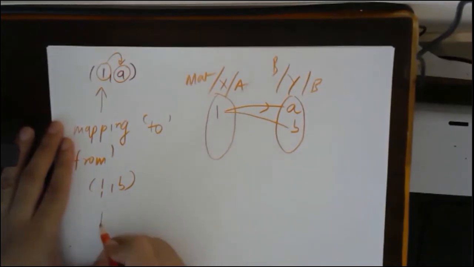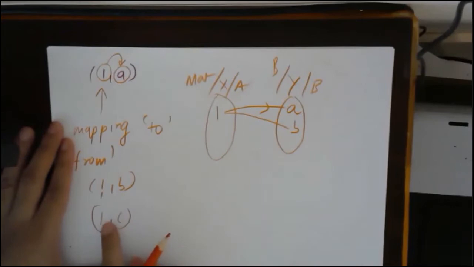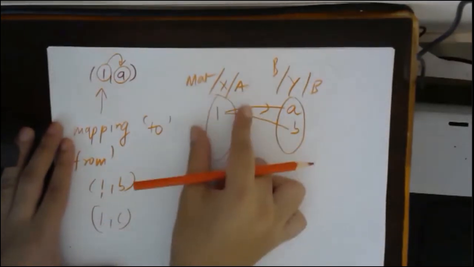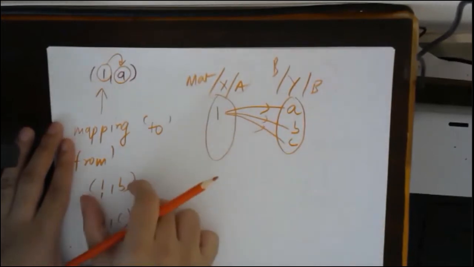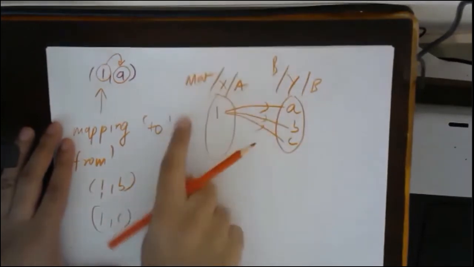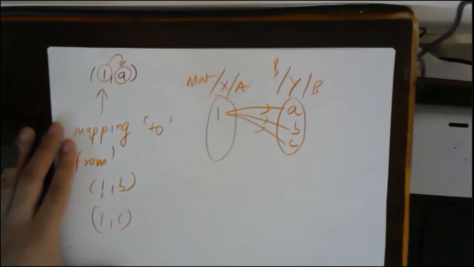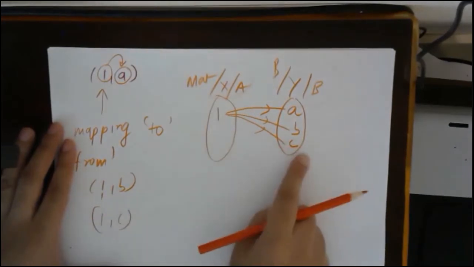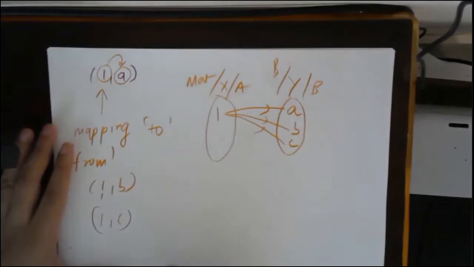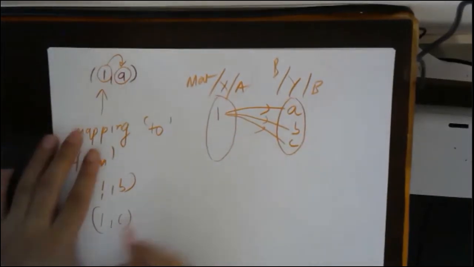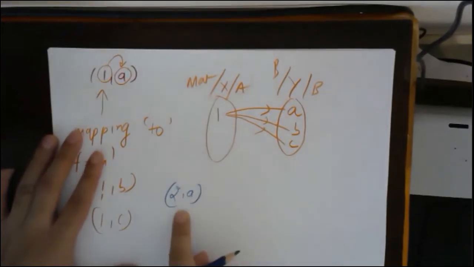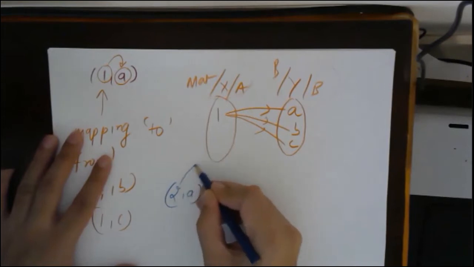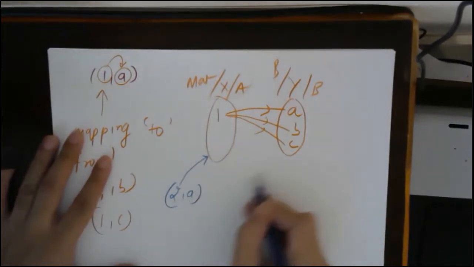Now see, if I write 1 comma C also, that means this one from the first set is linked with another element which is C. Understood? So 1 comma B means 1 is from the first set and B is from the second set. 1 is linked with the second set, A, B or C. Now suppose I write 2 comma A. That means this 2 is coming from the first set and this A is coming from the second set.